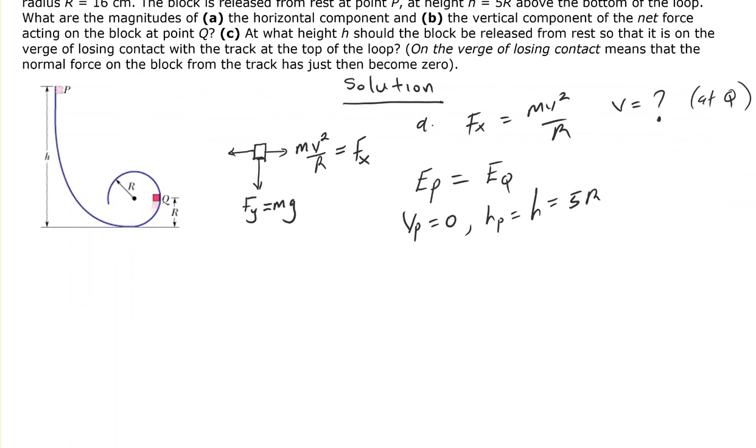So the energy at point P is the kinetic energy at point P, zero velocity means no kinetic energy, plus the potential energy mgh. So I'm just going to say mg HP.